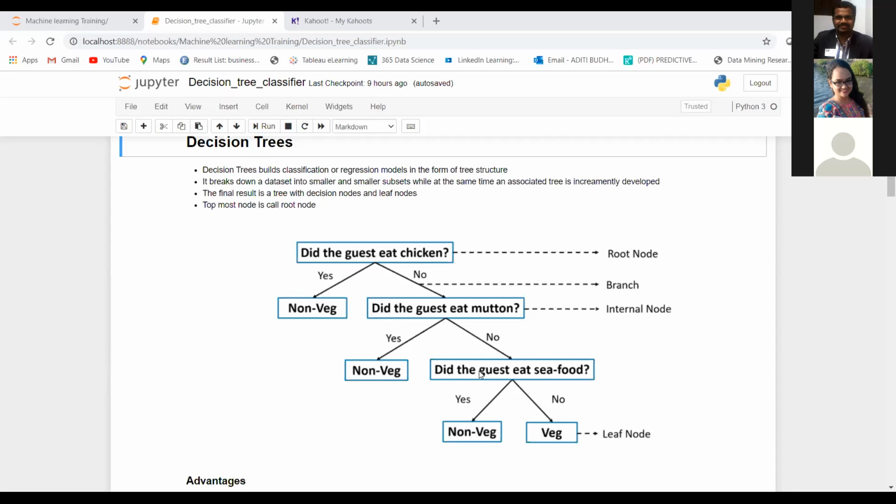If he has eaten chicken, then let's say in my data column I had marked yes, or something like that. Or it could have been numeric, like if he has eaten that, then we would have put 1, and if he has not eaten, then we would have put 0.